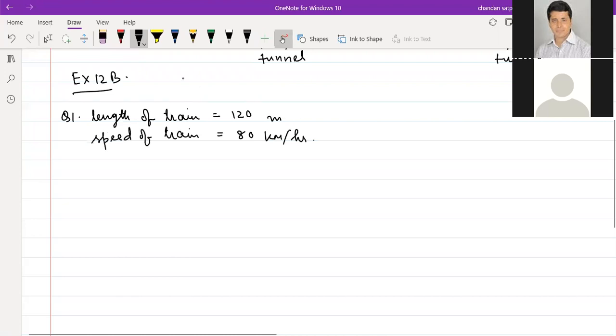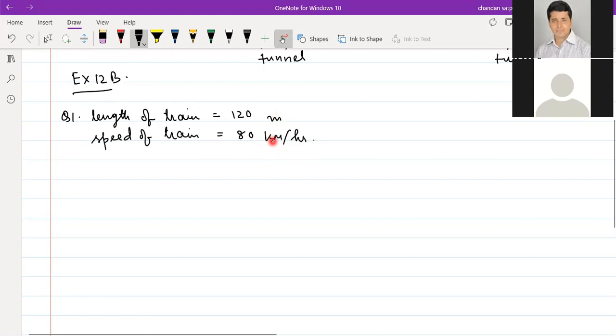So now here you see, the length of the train is given in meter, but the speed of the train is given in kilometer per hour. So these two units should be either both in meter or both in kilometer.